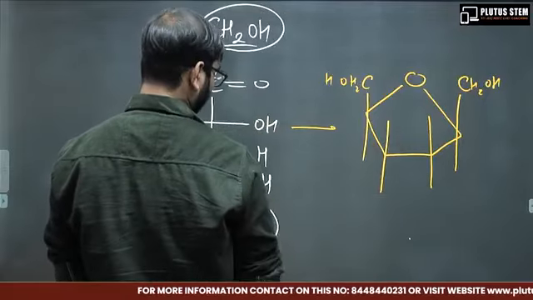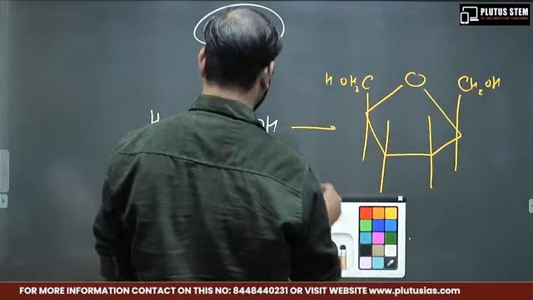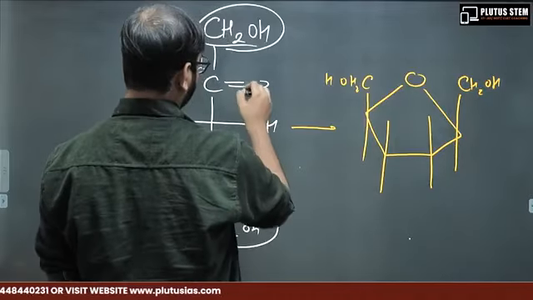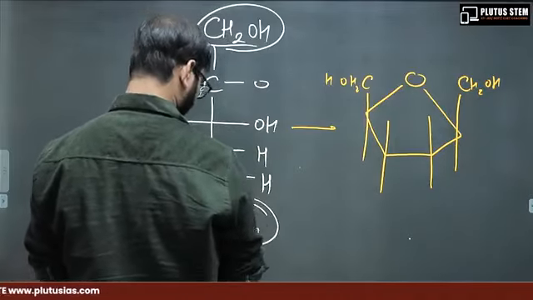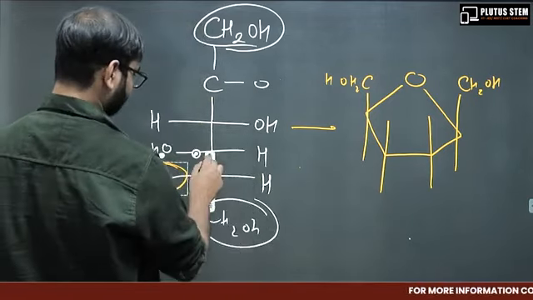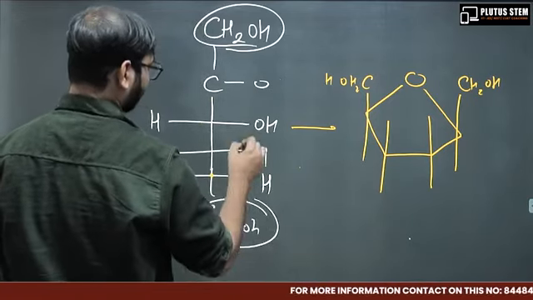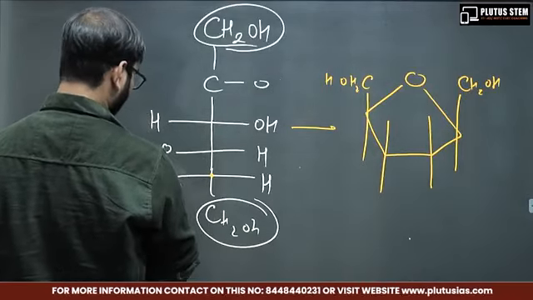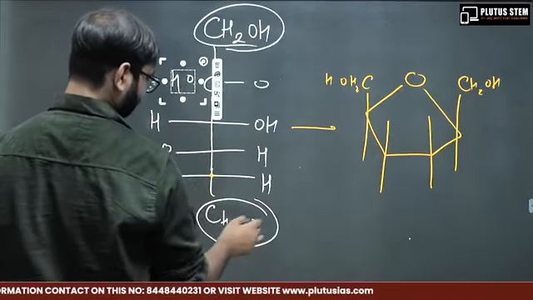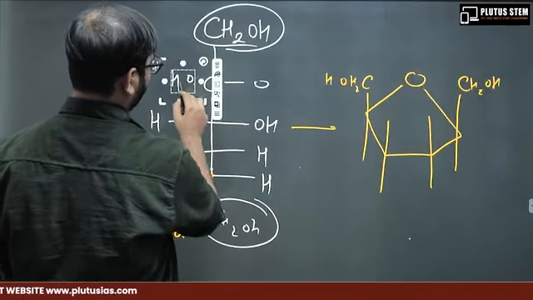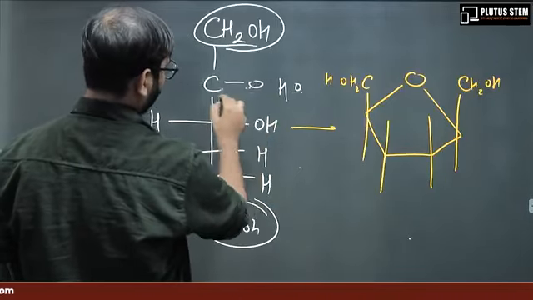Now I'm assuming that here the OH is lying outside of the ring, that the OH I am forming, let's currently remove this one. I'm assuming that the OH group is here. Wait, it shouldn't be here, it should be here.